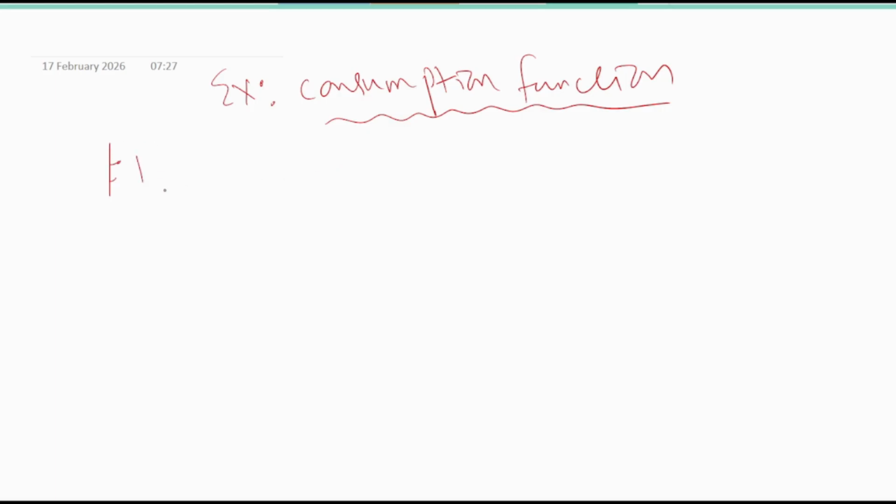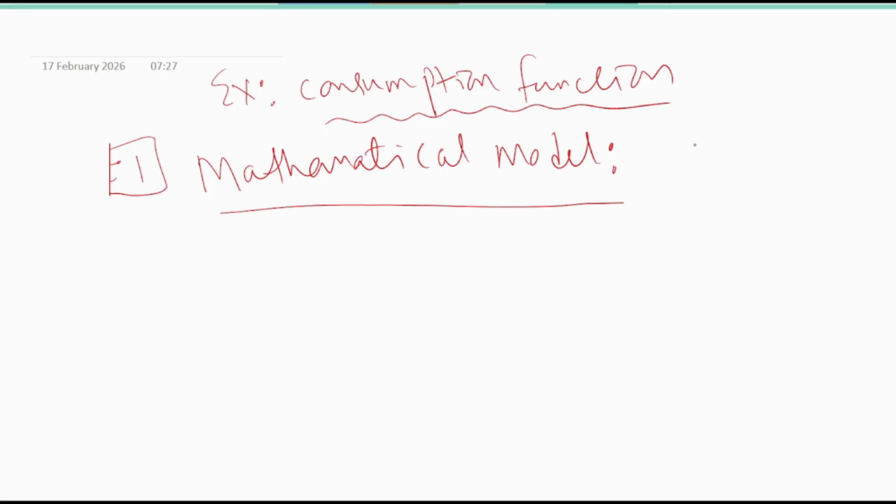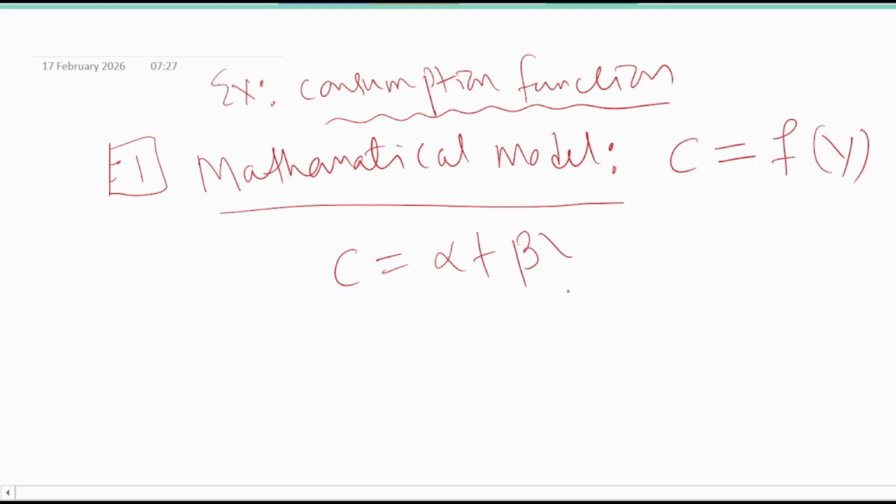Here we'll take the mathematical model. So as you know, in the consumption function, consumption is a function of income, and we can write the mathematical equation as C will be equal to alpha plus beta y. Here alpha is the intercept or the autonomous consumption, beta is the slope coefficient or the marginal propensity to consume.